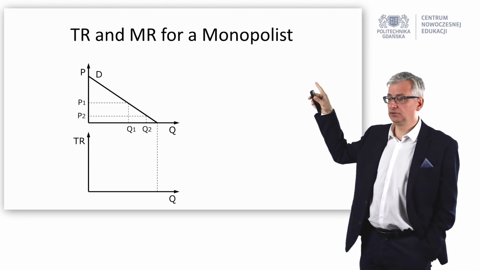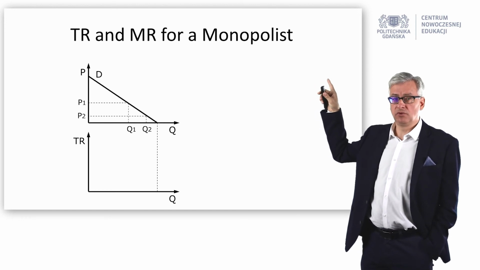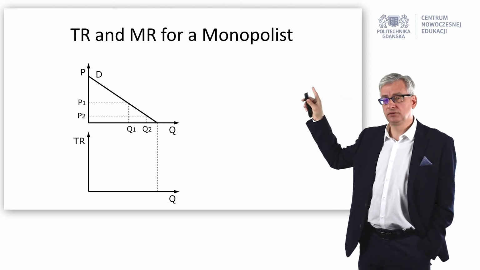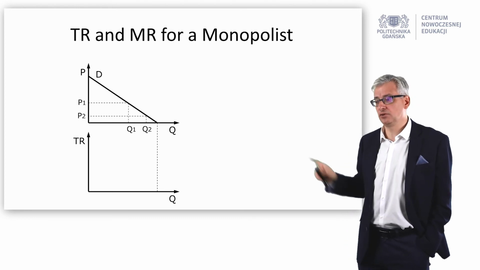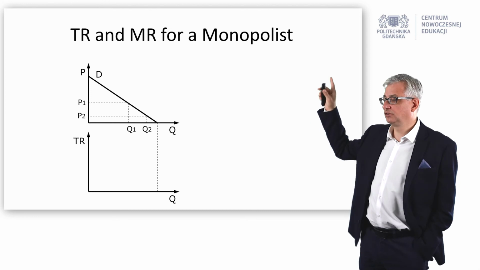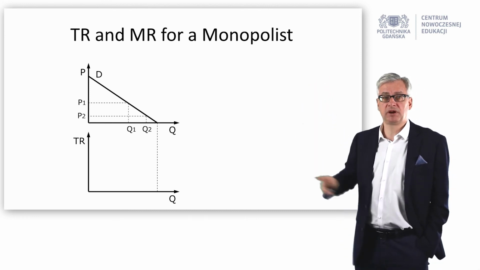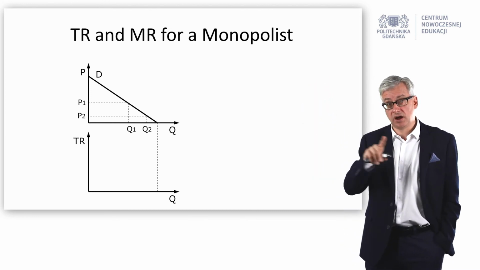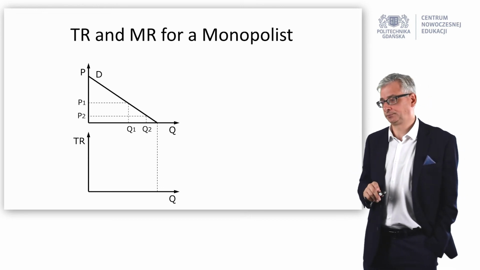At the first point of intersection, we've got a very high price, but the corresponding value of quantity is 0. So total revenue for this highest possible price would be 0.